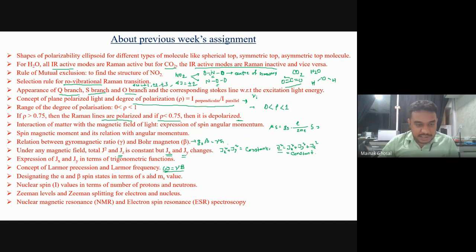Then there was a designation of alpha and beta spin in terms of s and ms value. Alpha spin is regarded as ms value of plus half, and beta spin is related to ms value of minus half. You can just remember it for the rest of your life if you are going through spin statistics.